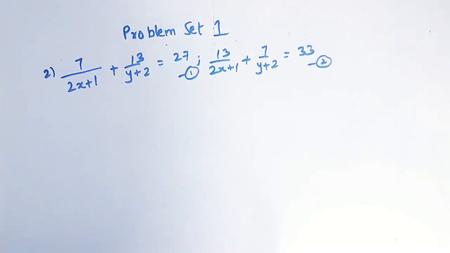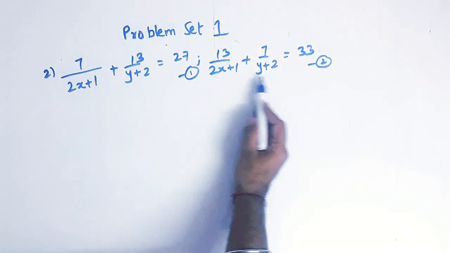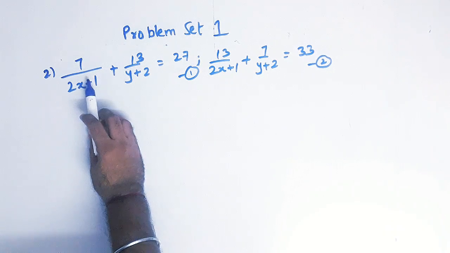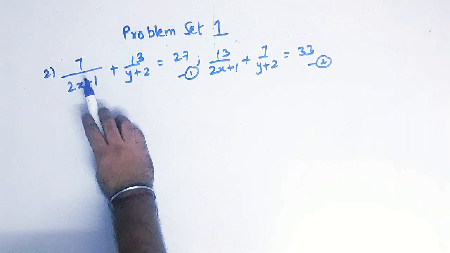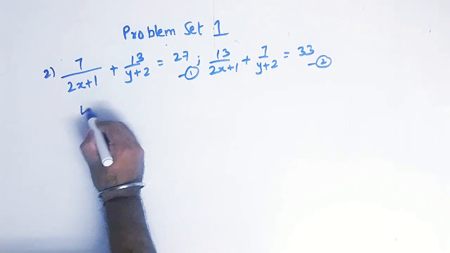Then this is your question number 2, where you can see the denominators are 2x plus 1 and y plus 2 in both the cases. And you will observe one more thing, that here the numerator is 7 and here the second term has the numerator 7. Let us first substitute.